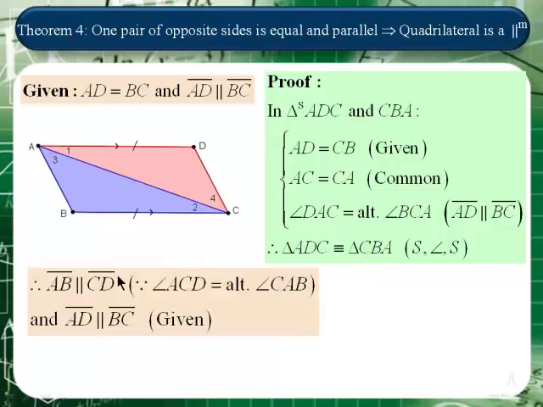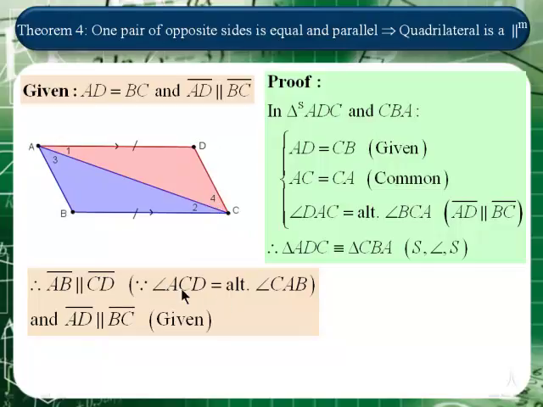And from this we can then deduce that angle 3 must be equal to angle 4. Now remember, angle 3 is really angle CAB, and angle 4 is angle ACD.